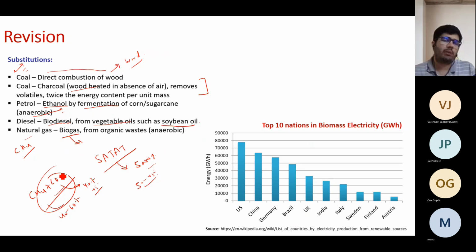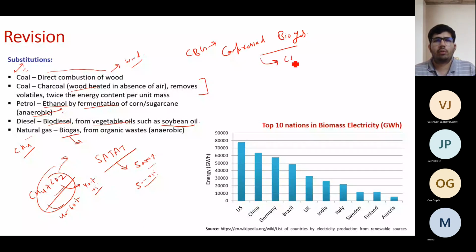So basically, moving next to CBG, compressed biogas. This compressed biogas is equivalent to CH4 or natural gas, because now this CBG has more than 95% CH4. So this CBG can be directly used in CNG vehicles.